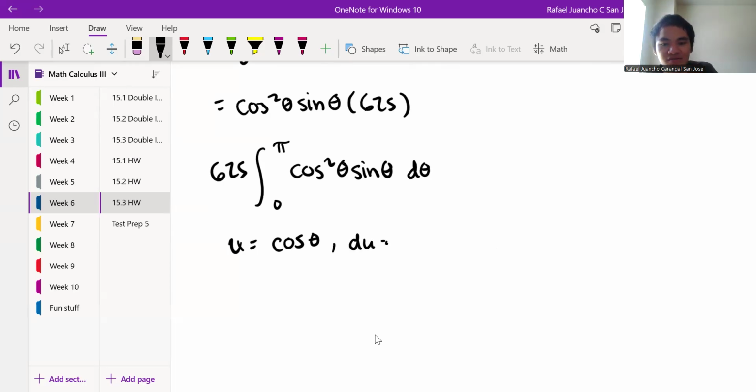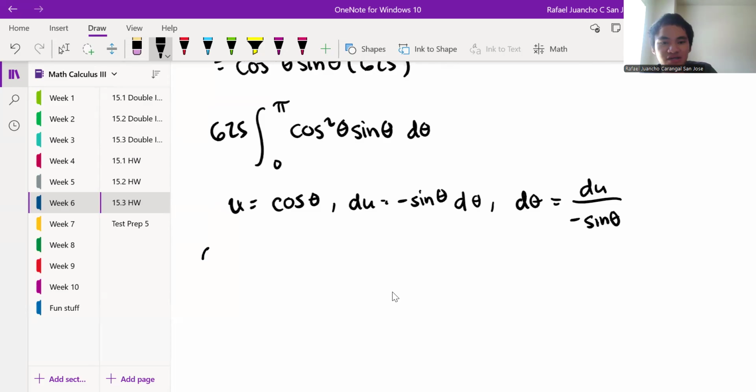So my derivative, or du, is going to be negative sine. So nice and simple. This is d theta, and so my d theta is going to be du over this thing. Oops, I forgot bounds.